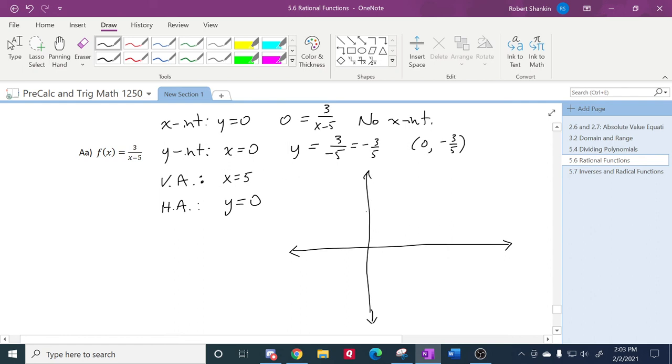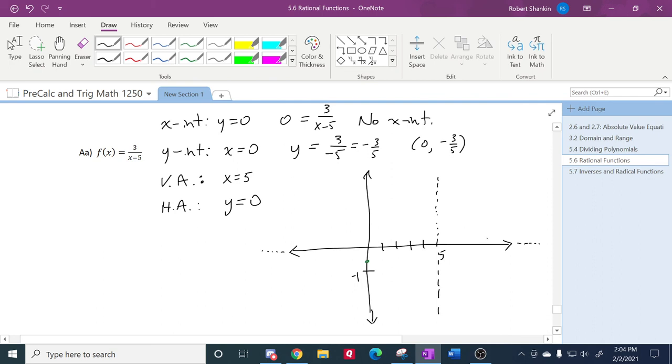So, here's negative 1, and negative 3/5 is right here, and at 5 we have a vertical asymptote, and then a horizontal asymptote at 0. I'm going to just remind myself of that by putting these dotted lines over here.